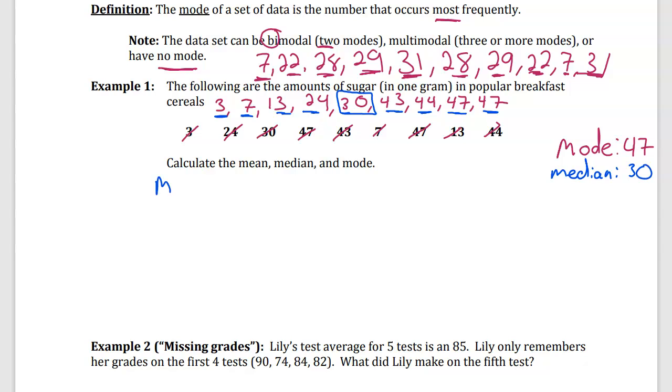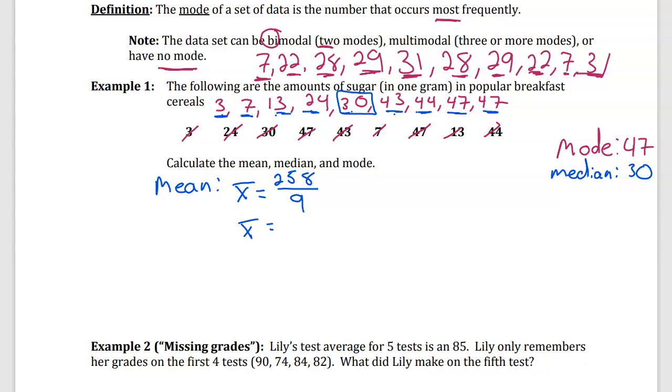Now I need to calculate my mean. I add up all of these numbers together. When I add all these numbers up, X bar added up would be 258. I count up how many I have. I have 1, 2, 3, 4, 5, 6, 7, 8, 9. And I divide by 9.